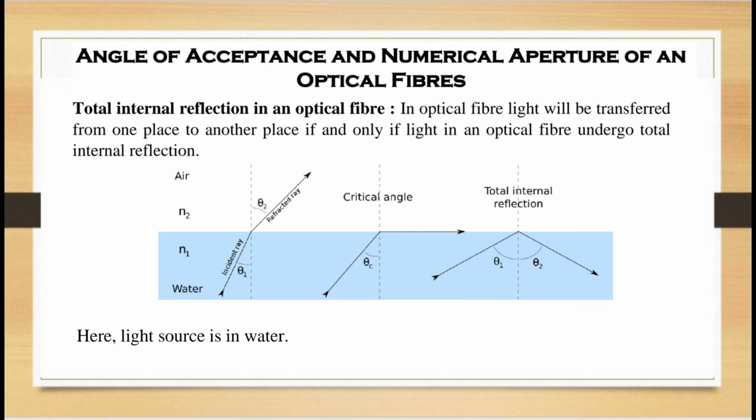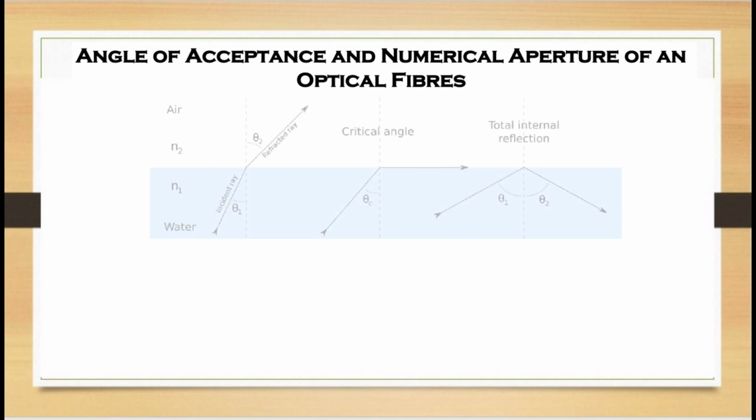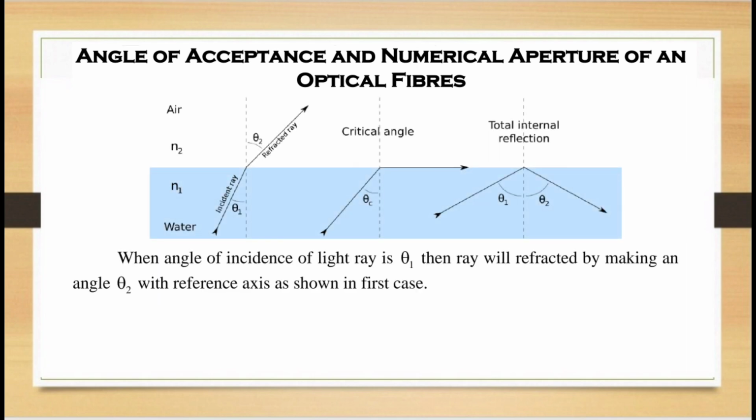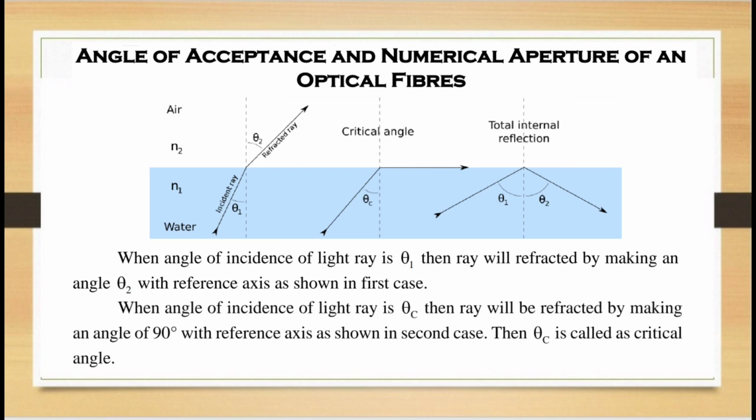Here, light source is in water. When angle of incidence of light is θ1, then ray will be refracted by making an angle θ2 with the reference axis as shown in first case. When angle of incidence of light ray is θc, then ray will be refracted by making an angle of 90 degree with reference axis as shown in case 2.